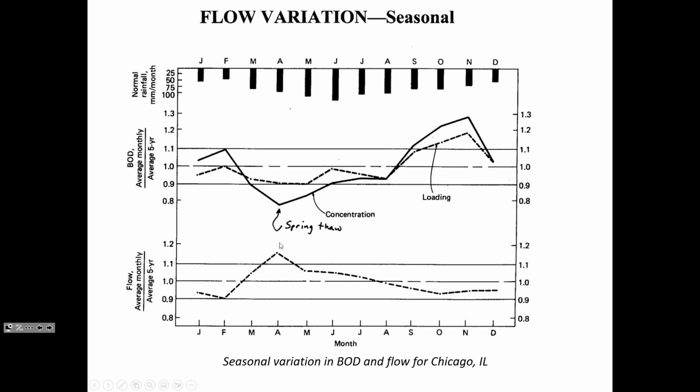So an increase in the amount of water, a decrease in the strength of water. So if you're designing or even just understanding and operating a treatment plant and a collection network, you have to be in tune with the industry that exists in the area and the weather patterns and how that is going to affect the loading of the treatment plant from the flow rate and the BOD side of things.